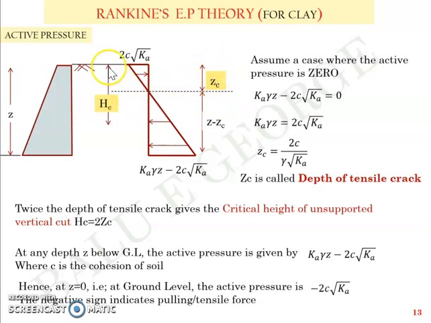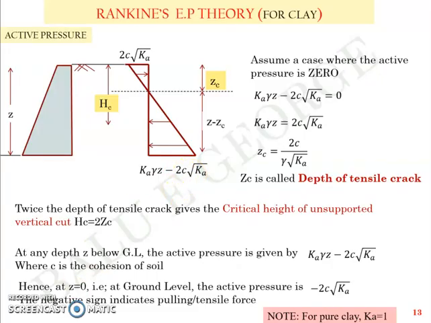In short, at level Hc, the negative triangle gets cancelled out with the positive triangle, because you have two triangles of the same area with the same angle of opposite angles with two different signs, so that gets cancelled out, and it's called the critical height of unsupported vertical cut. Now, one thing you need to note is that for pure clay, Ka will be equal to 1, which means you have 2c here and you have gamma Z minus 2c here.